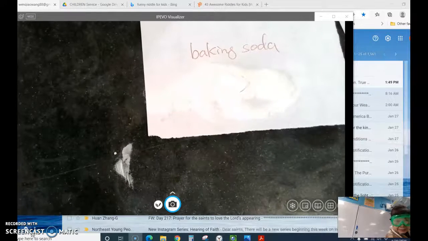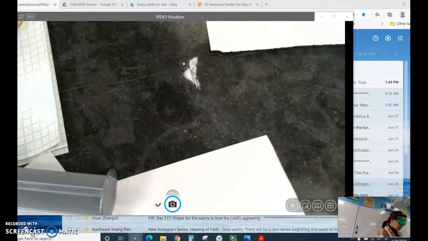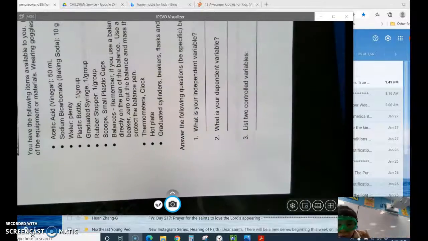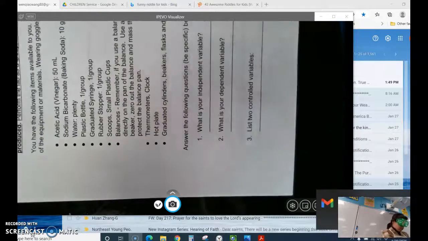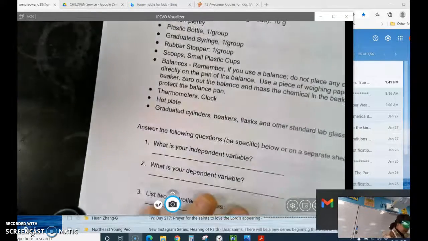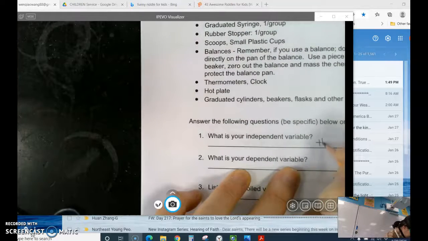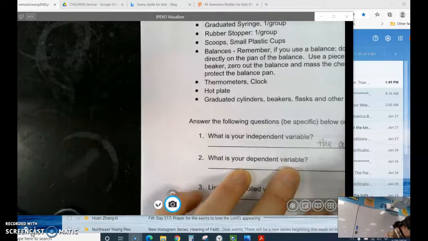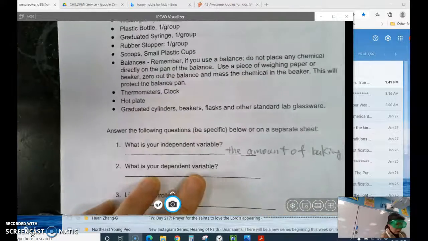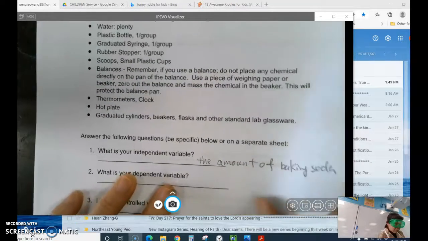So I decided to do my independent variable. These are here. So this is my independent variable. This part, I'm going to decide the amount of baking soda. Okay, so that's what I'm going to change, the amount of baking soda.